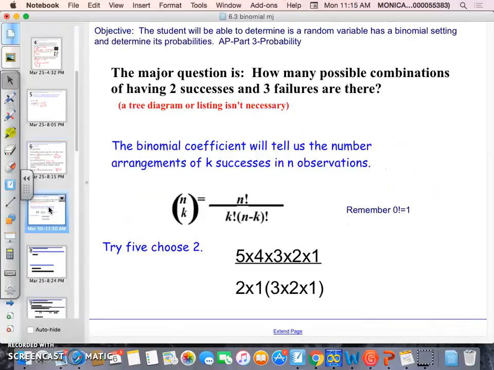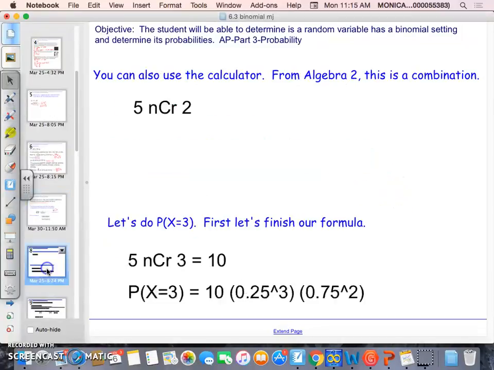So you can make a tree diagram to list your possible outcomes, but you can also use factorial. So you would do 5 choose 2. So this is nCr. So if you want to do it on your calculator, it's nCr. You should remember this from Algebra 2.